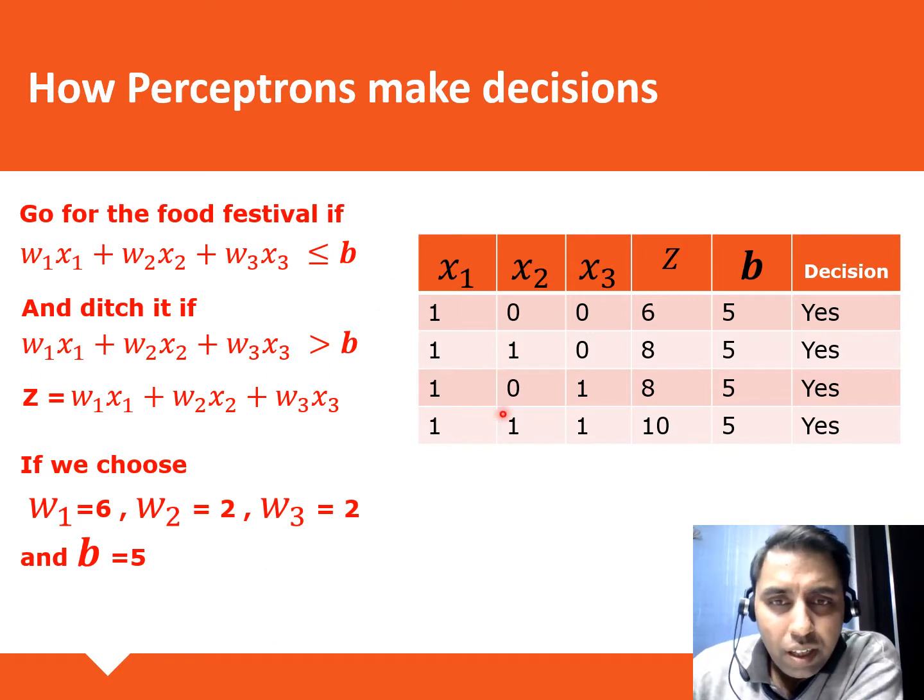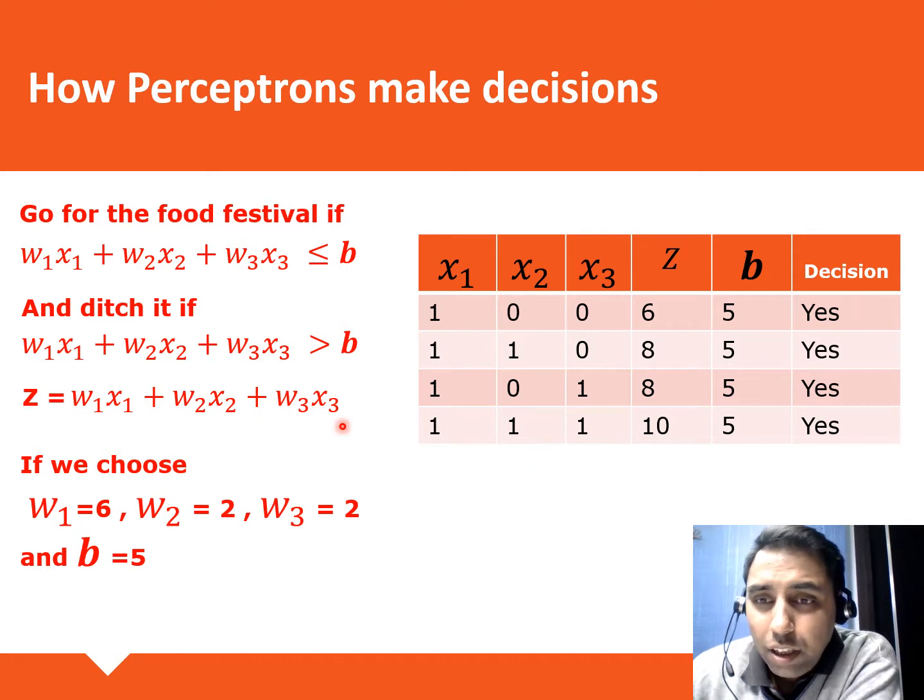For these four cases and for this choice of W and B, as long as x1 is 1, and because the weight of x1 is 6, which is significantly higher than the weight of the other factors, regardless of whatever values x2 or x3 take, the linear combination Z is always greater than B, and hence your decision is yes.